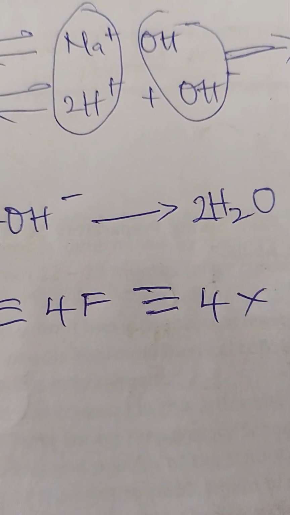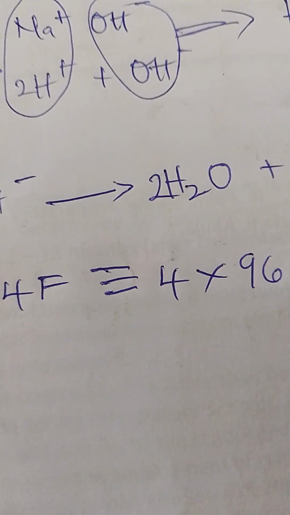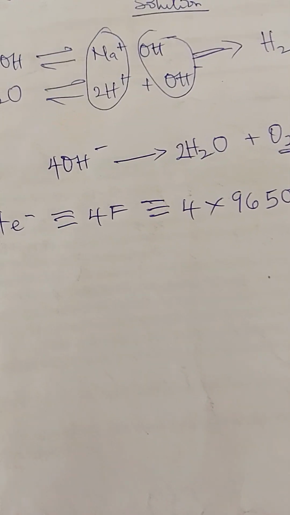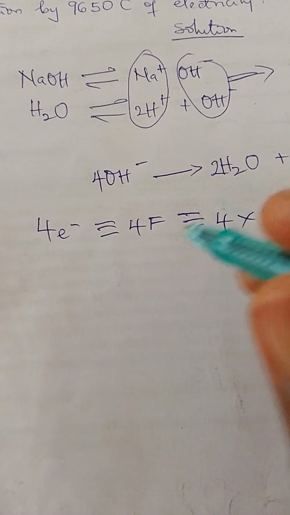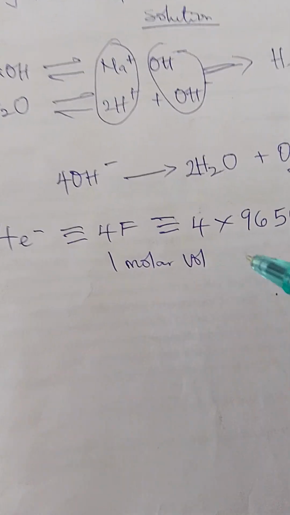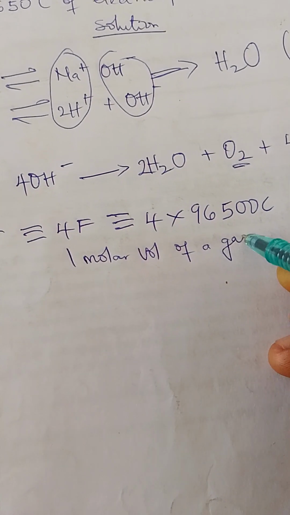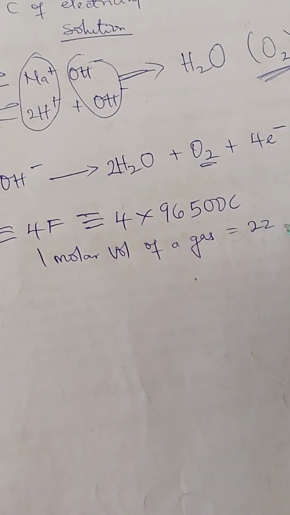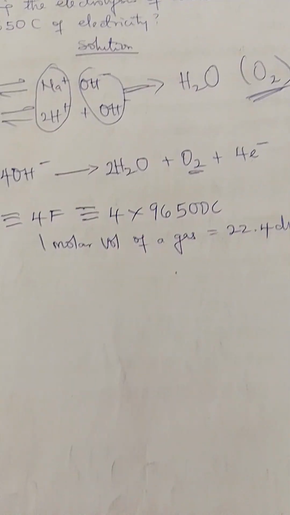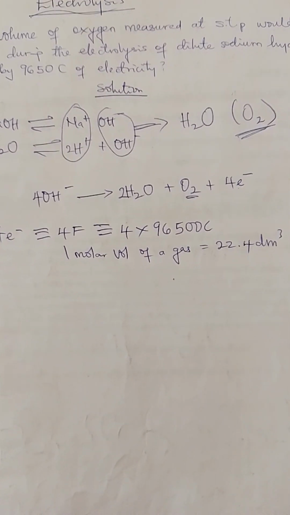And 4 Faradays means 4 times 1 Faraday, which is 4 times 96,500 coulombs. So this is the information you are going to use. One more piece of information that you need is that 1 molar volume of a gas equals 22.4 dm cube. These are the pieces of information that you need to solve this kind of problem.